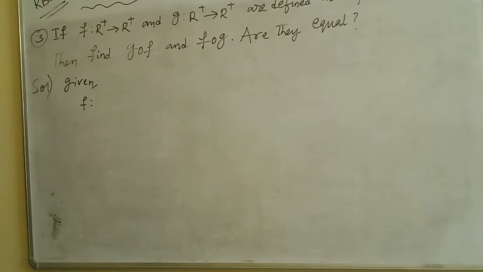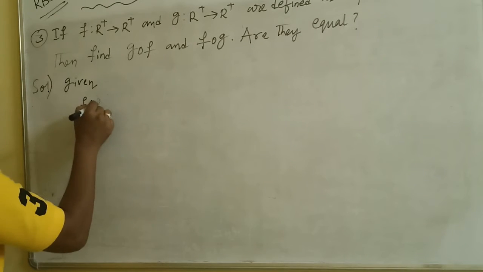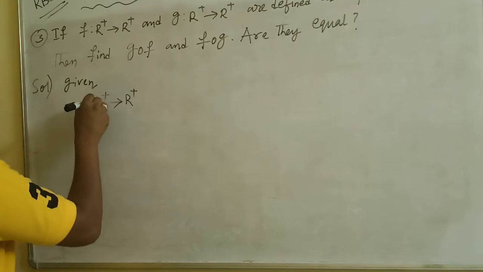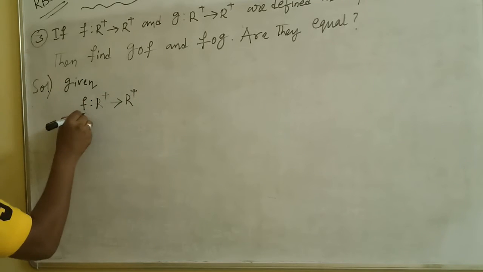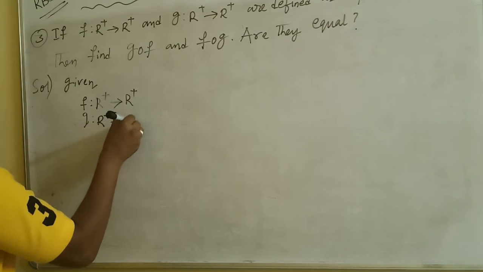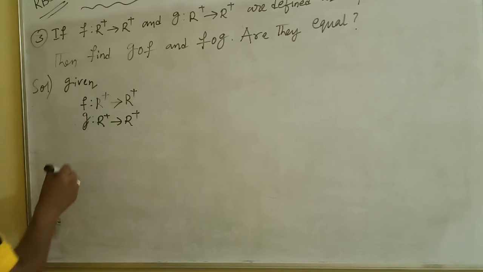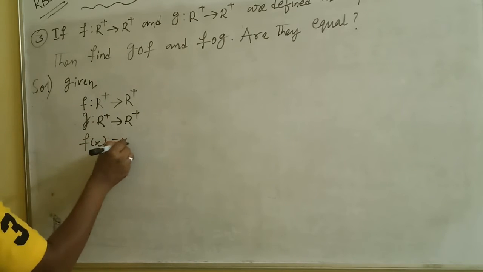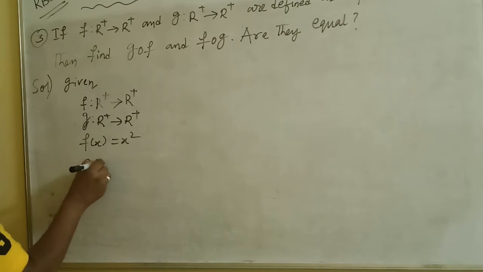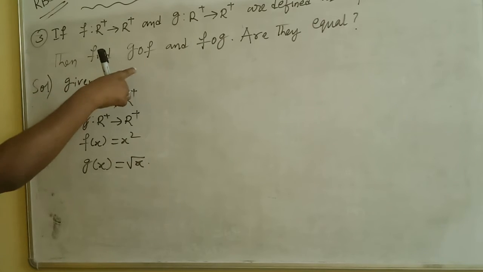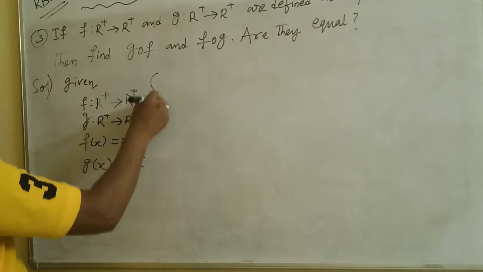F maps R+ to R+, then G maps R+ to R+, and then F of x is equal to x square, G of x is equal to root x. So now first find G circle F, then find F circle G.